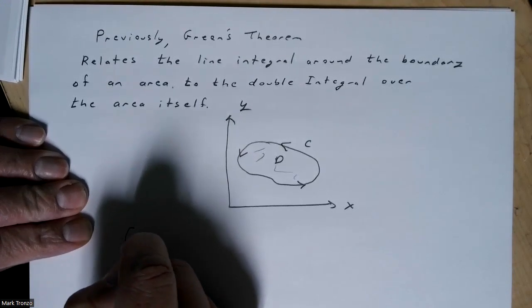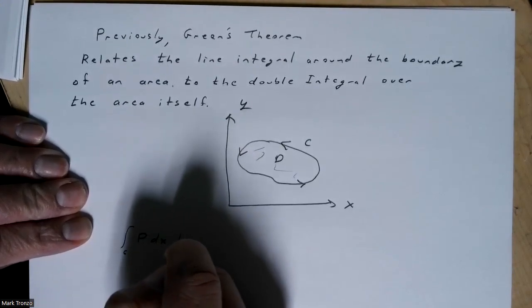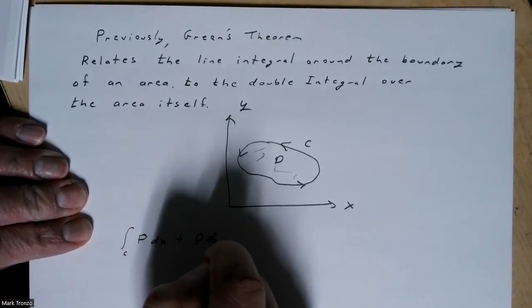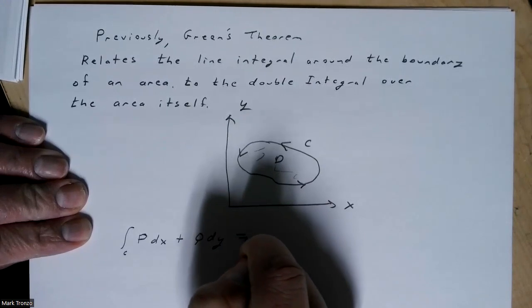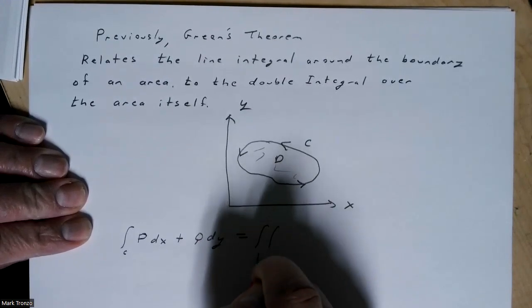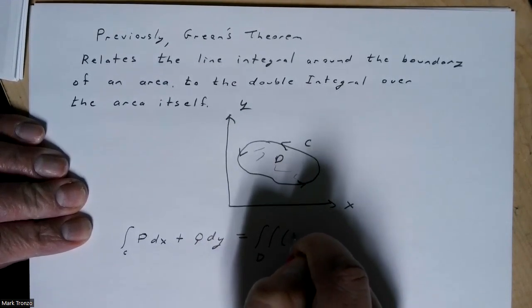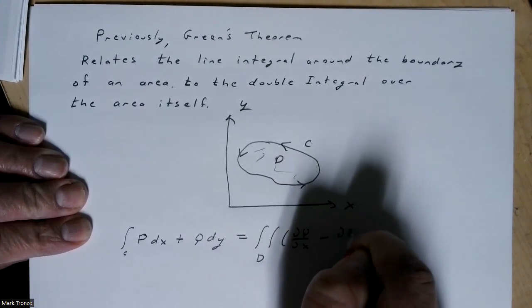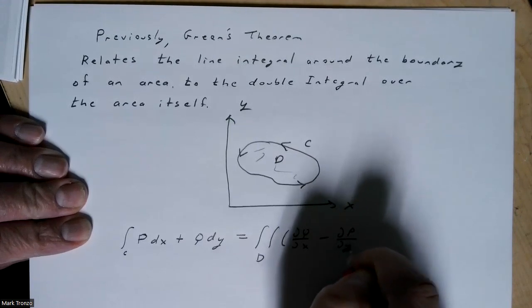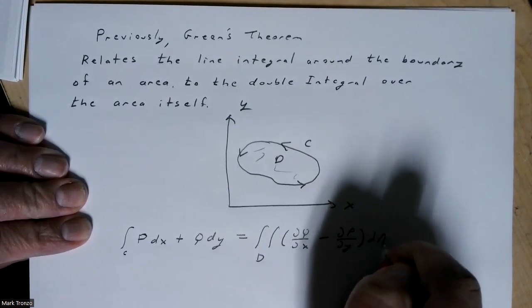You will have, say, P dx plus Q dy is equal to dQ/dx minus dP/dy dA.